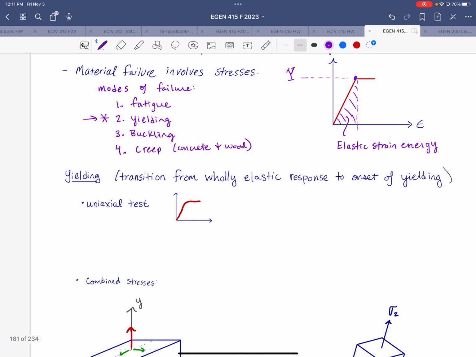As you are all familiar with, yielding is when the material transitions from being wholly elastic to not wholly elastic anymore. The onset of yielding. There is usually some sort of transition region that we call the yield region, so it's not exactly always a discrete point that's super easy to identify.